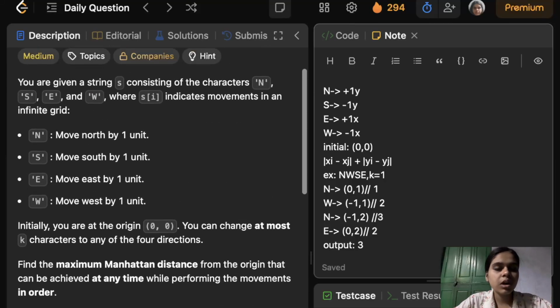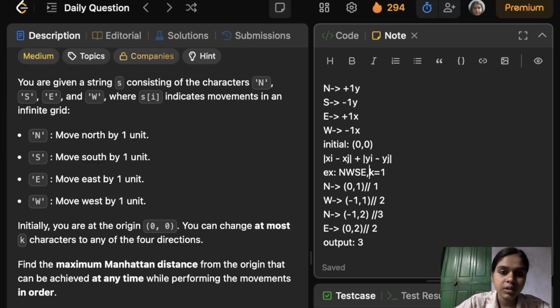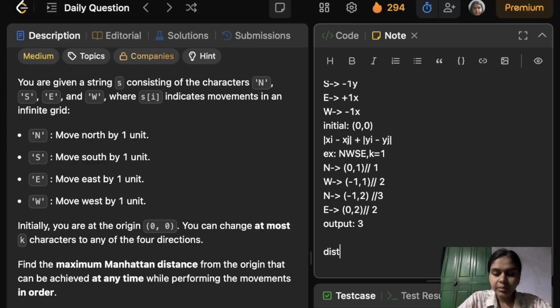Okay, so if we try to solve this problem in a clever way, what can be the formula? If we try to calculate the Manhattan distance, then the distance can be mod of north minus south, plus mod of east minus west. This is the normal formula, right?